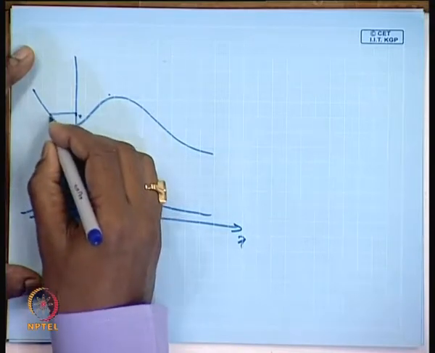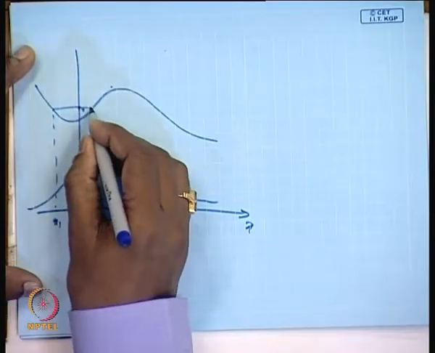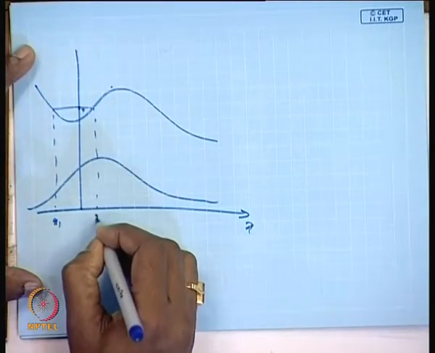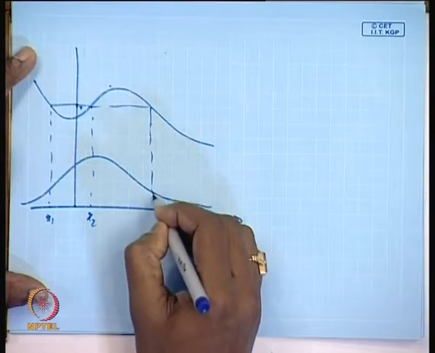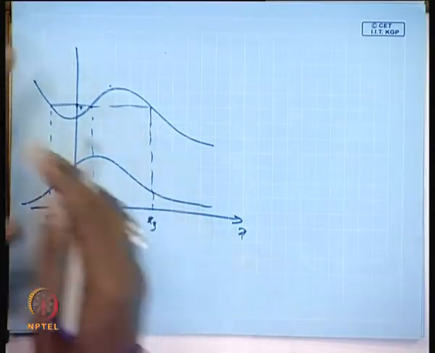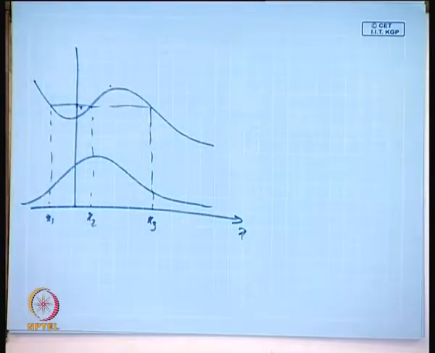Now this is the first root x1, this is your second root x2, and this is your third root x3. Similarly, depending on this function, there may be n roots like this.